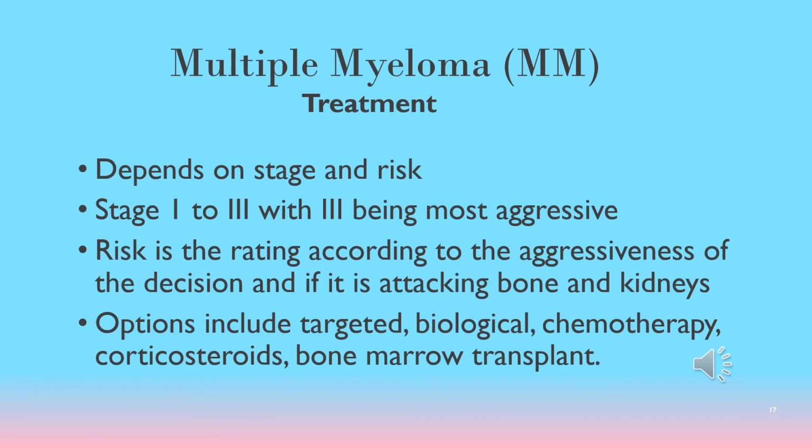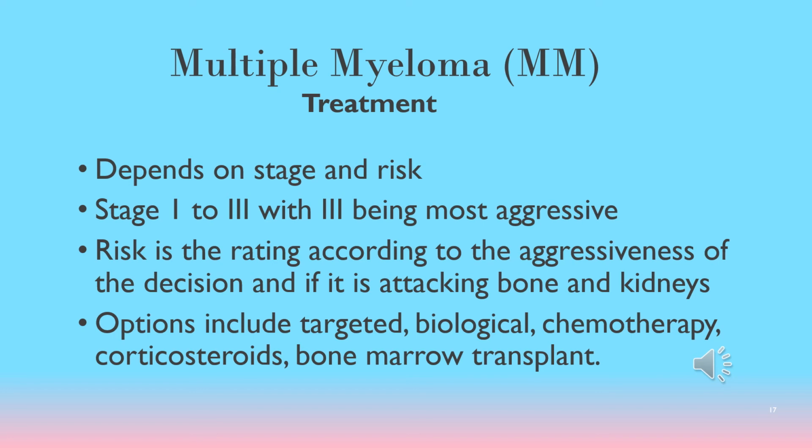Now, with this particular type of cancer, they stage it and then they give it a risk rating. Depending on what they see with the biopsy, they stage it between 1 and 3. 3 is the most aggressive. Means it's going to attack the most organs and be the most detrimental, the most rapid.